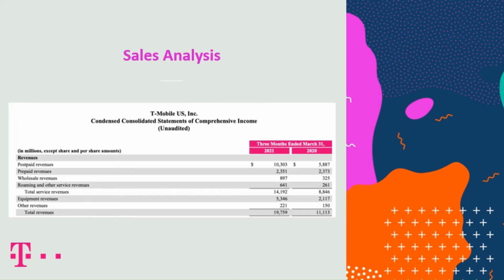The next article discusses sales analysis, a hypothetical sales analysis. The information presented here is actual financial data from T-Mobile's investor site depicting the different revenue channels. I highlight in the tech blog the 176% increase in the wholesale revenue, and then go on to say how they can capitalize on that growth by focusing and expanding their offerings in that sector, particularly for small carriers who are looking to grow their own network capacities by leveraging the T-Mobile network.